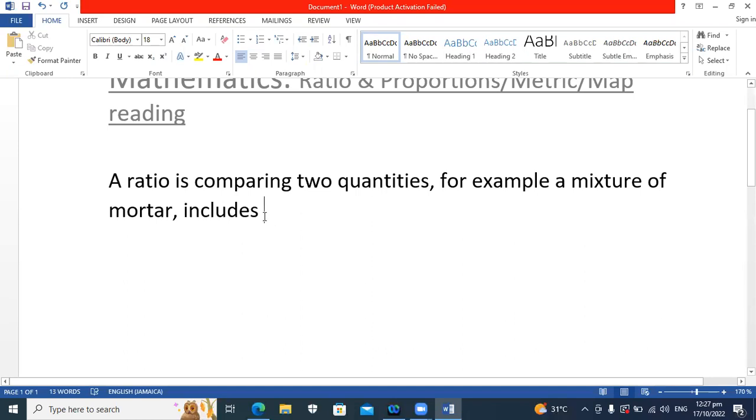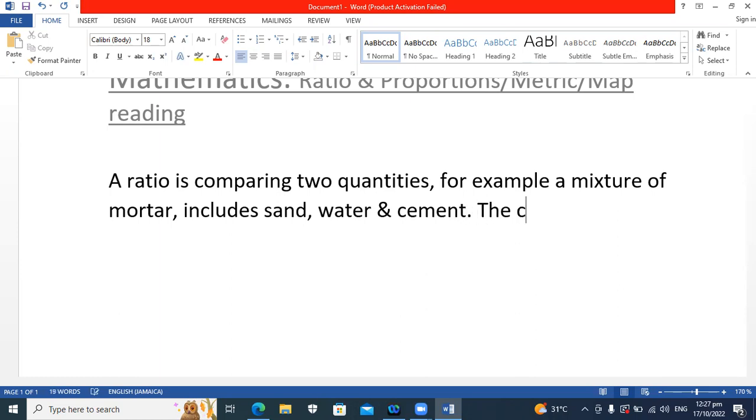Anyways, so a mixture of mortar includes, say, sand, water, and cement.